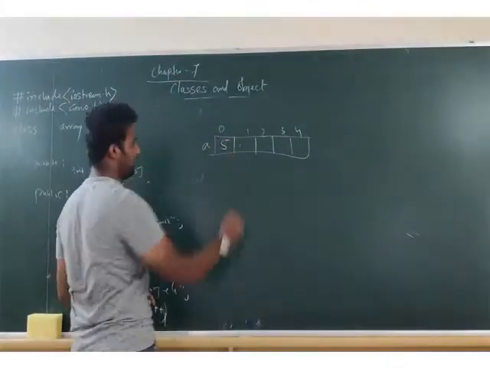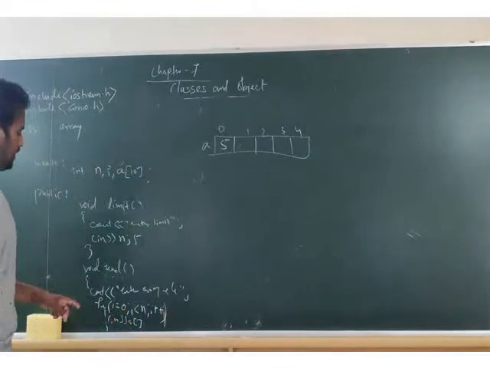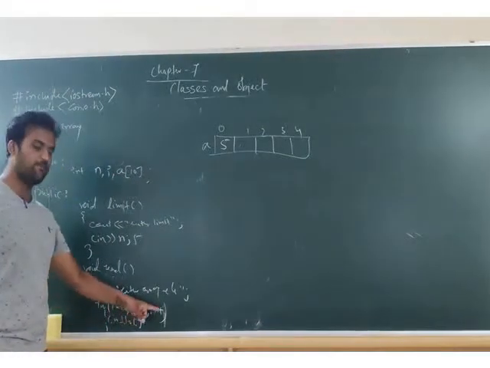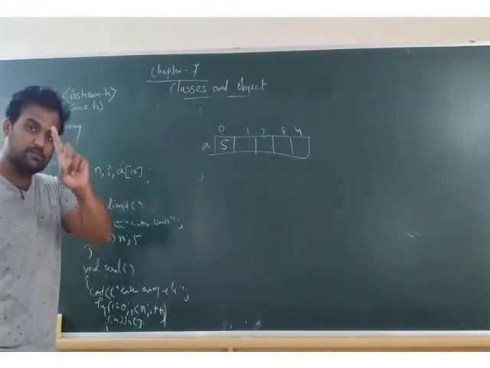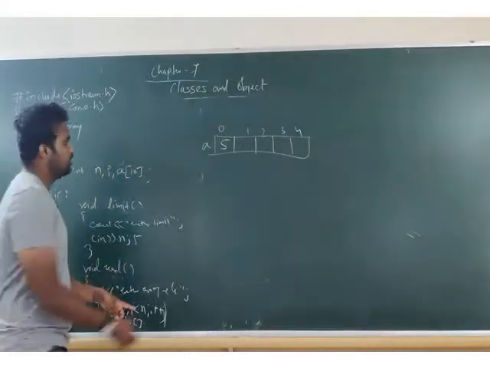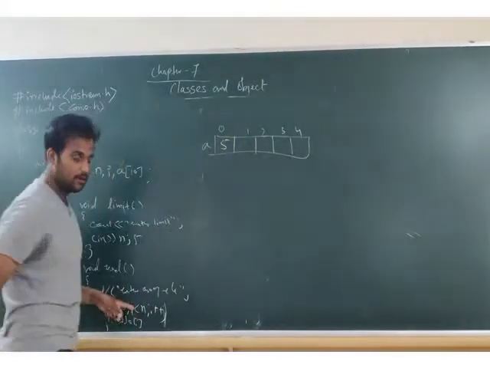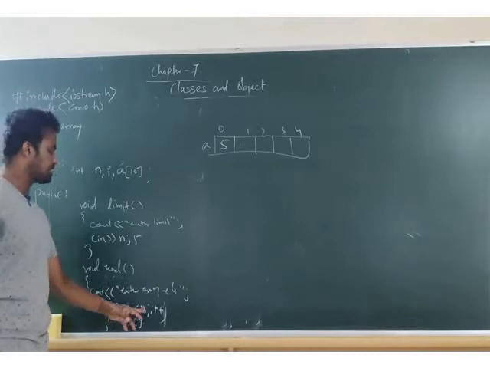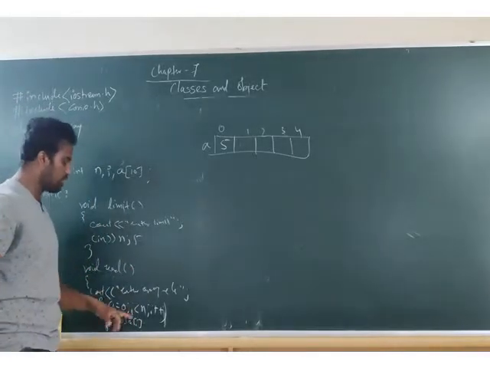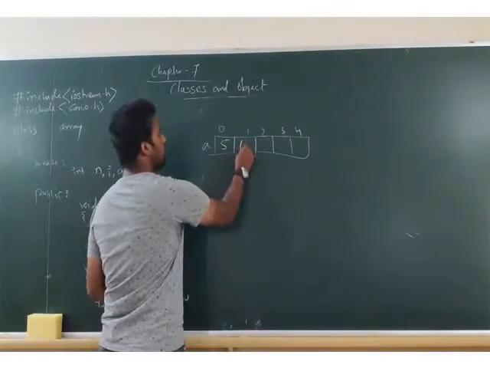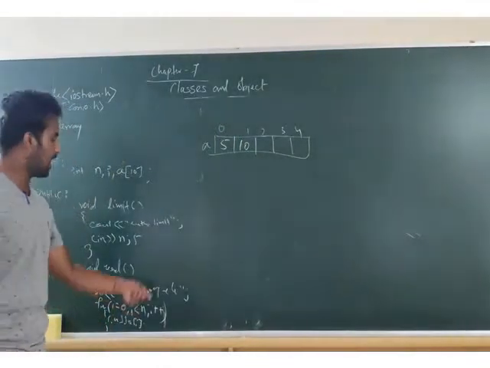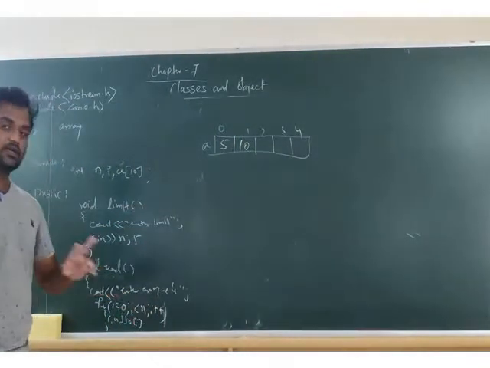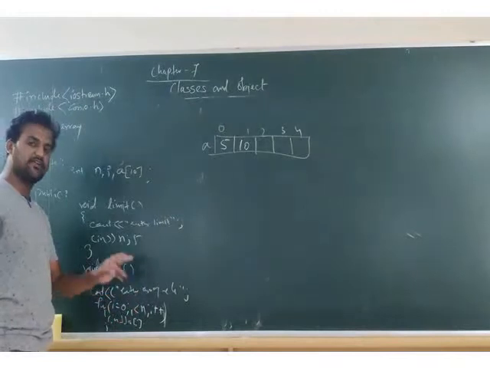I give the value 5. Next, again the loop runs. i plus plus means i becomes 0 to 1. 1 is less than 5, condition true, so a of 1. I give the value 10. Again i becomes 2, 2 is less than 5, condition true.